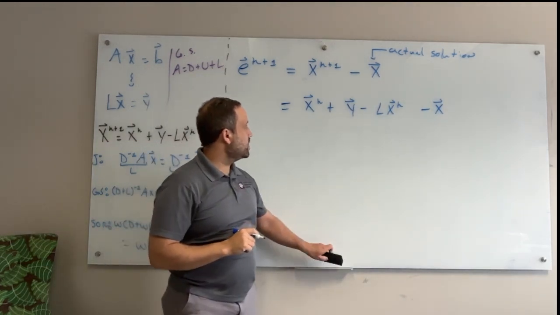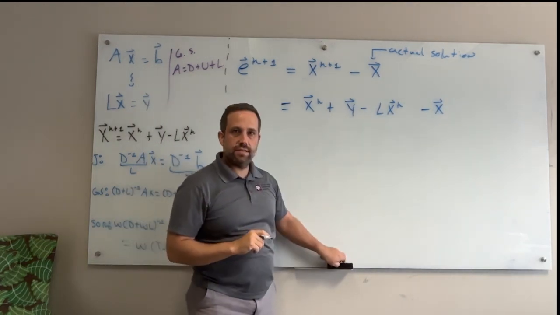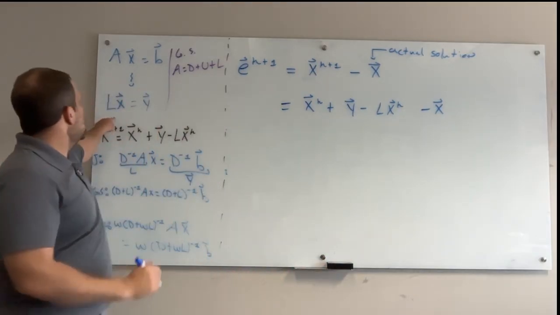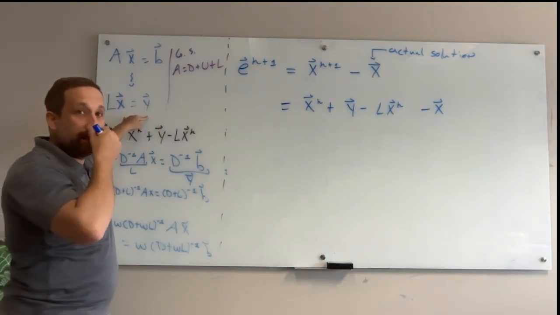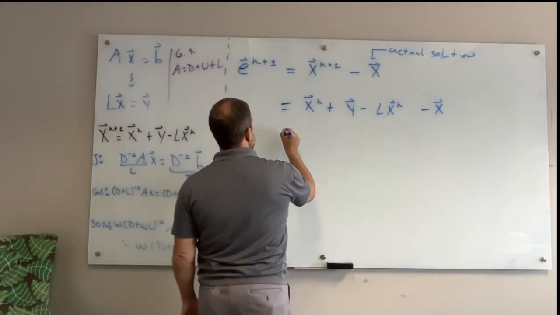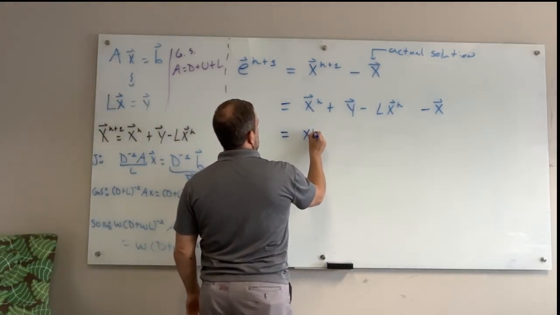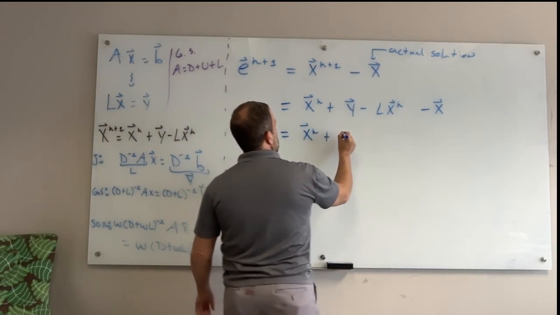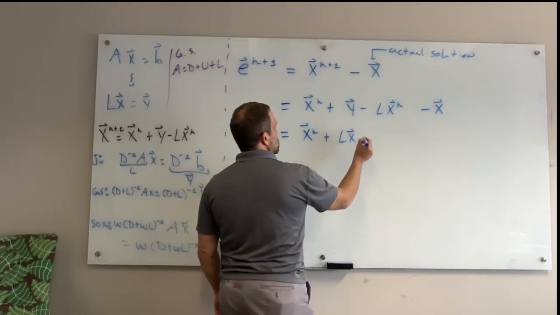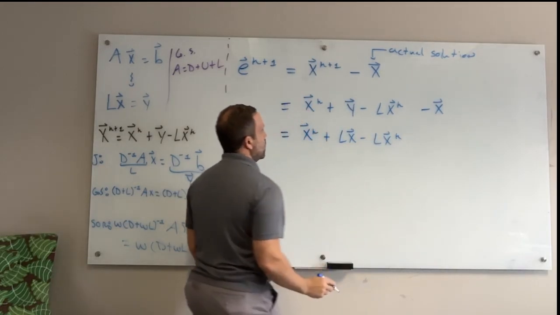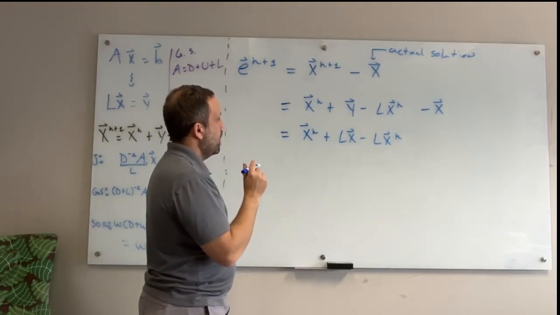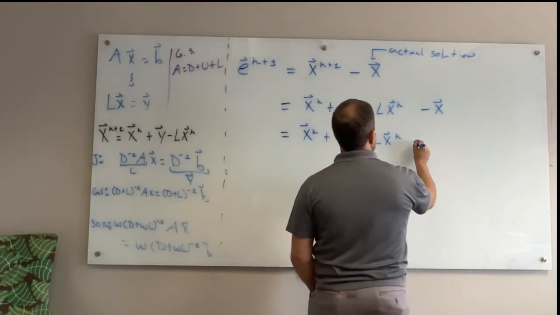Okay, but what do we know y is? y is a solution to Lx equals y. So then y is equal to L times x. So I can write this as x_k plus Lx minus Lx_k, and then minus x.